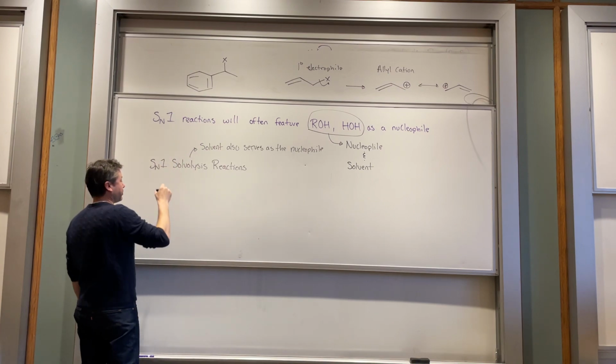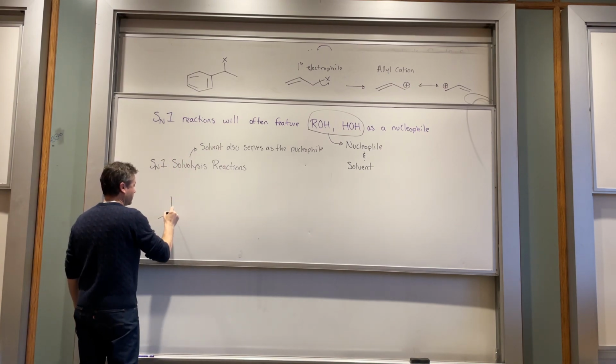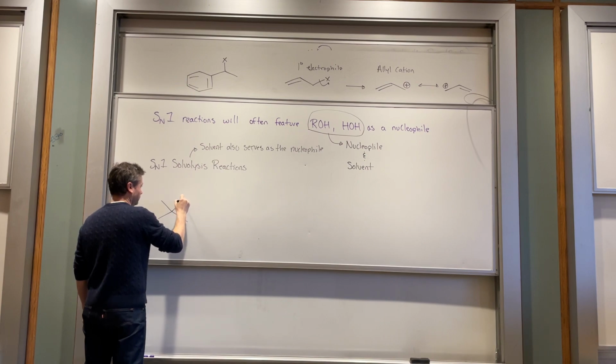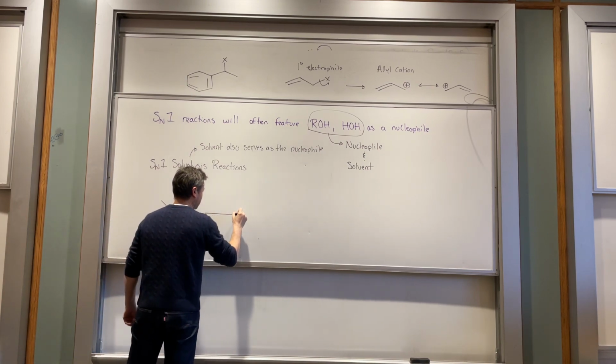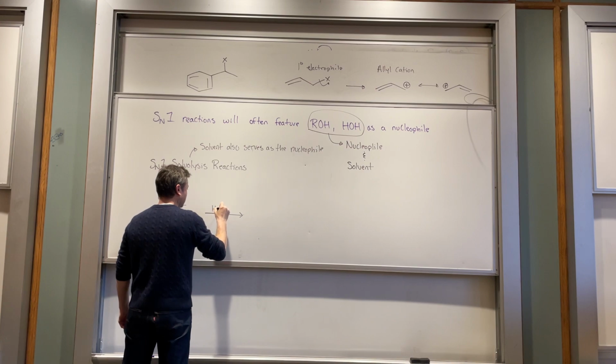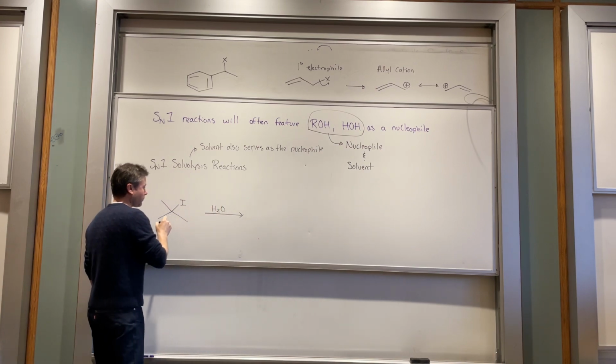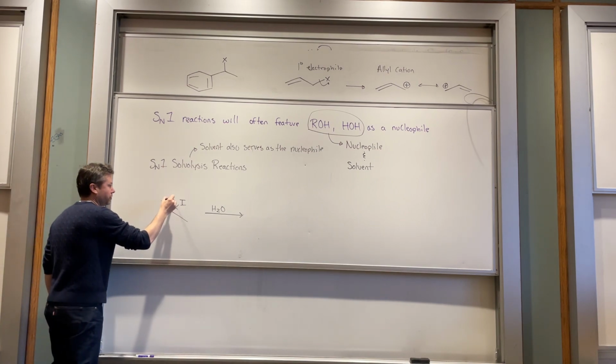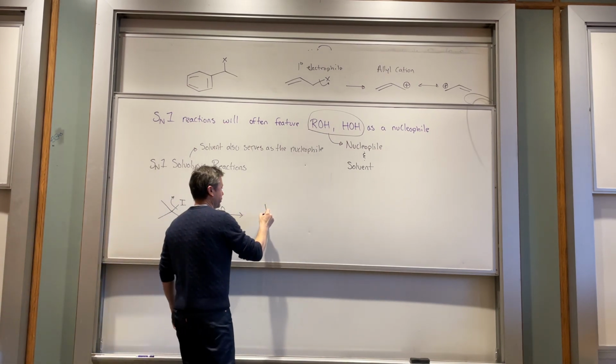Right, so we saw an example of that above, right, a more simplified scheme for this. Right, we'll just take a tertiary alkyl iodide, lose the iodide group, form the tertiary carbocation.